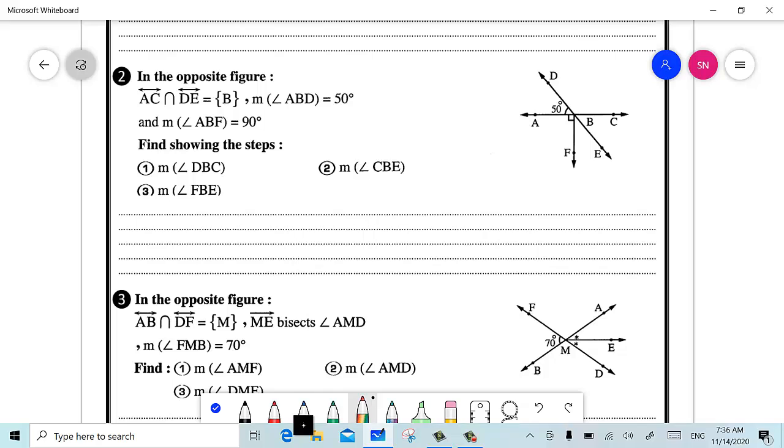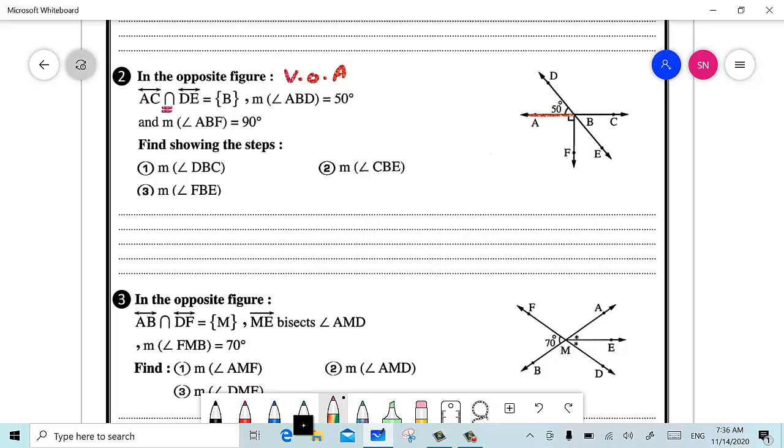When he said the word intersect between two straight lines, this means take care, here are vertically opposite angles. So whenever we see that two straight lines intersect at a point, this means he wants to give us a clue that there are vertically opposite angles in this figure. How can we figure out the vertically opposite angles? Simply go and mark the lines he said that they are intersecting.